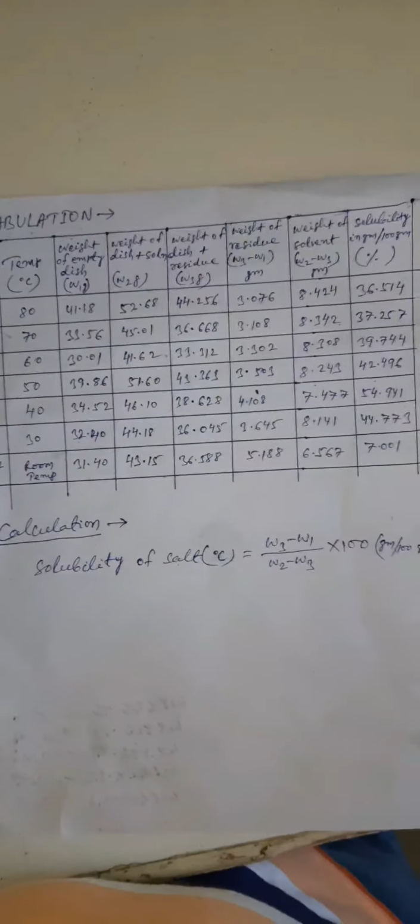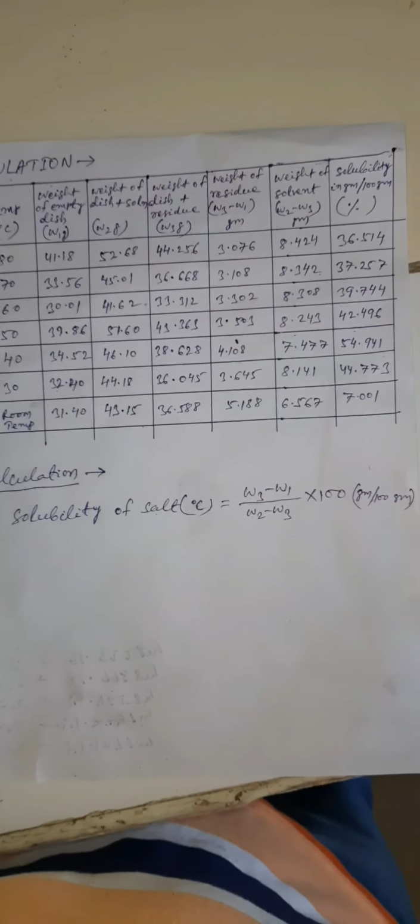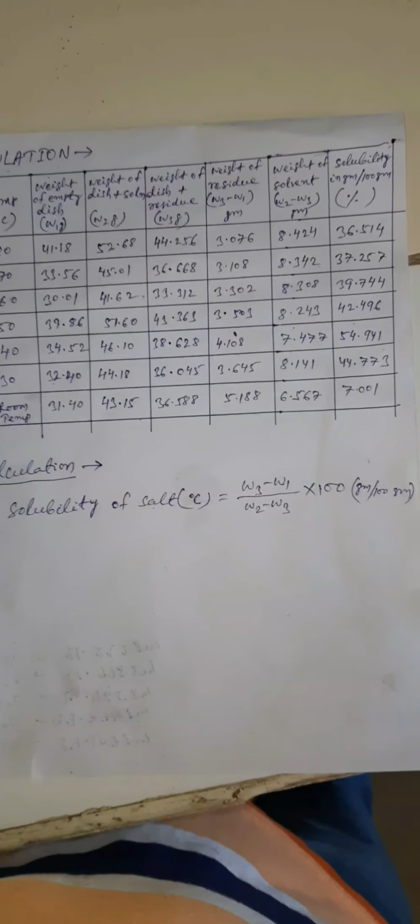The solubility of salt at a given temperature in degree centigrade is equal to (W3 minus W1) divided by (W2 minus W3), into 100.